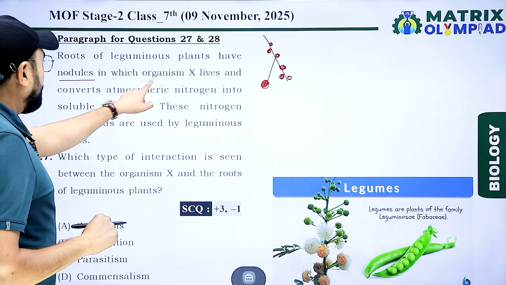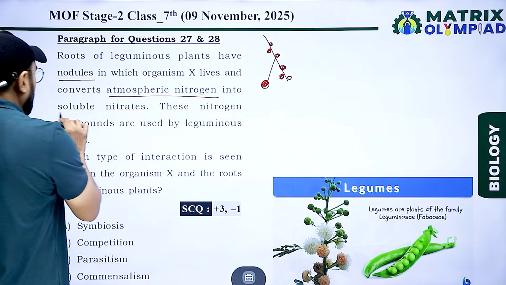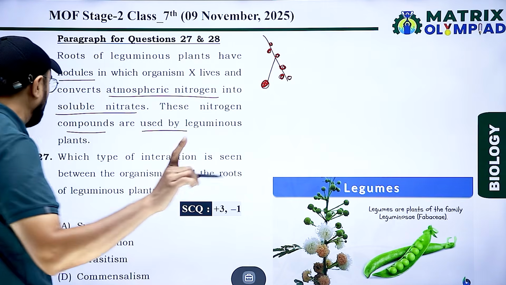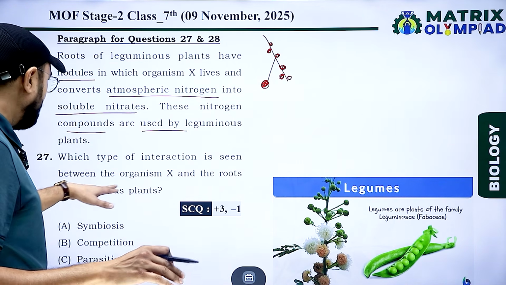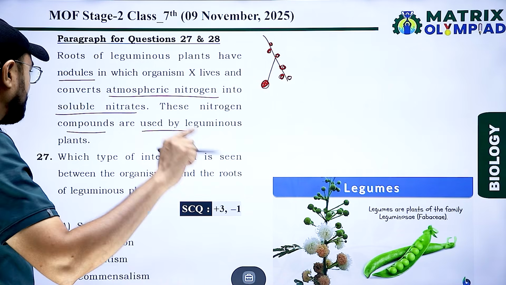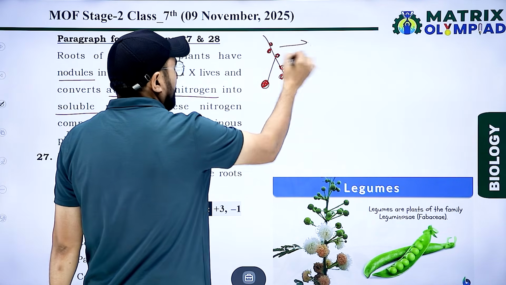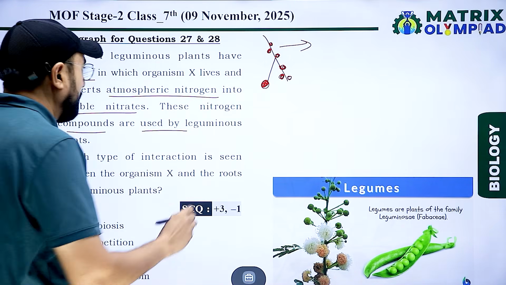A nodule in which organism X lives converts atmospheric nitrogen into soluble nitrate. These nitrogen compounds are used by the leguminous plant. Which type of interaction is seen between organism X and the legume plant? That is a symbiotic relationship. So our right answer is option A.